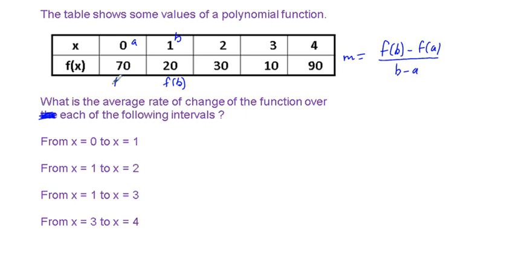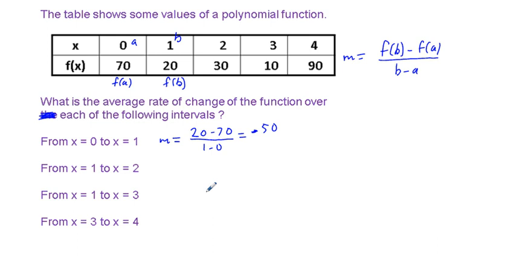So for this, our average rate of change is m equals f of b, which is 20, minus f of a, which is 70, over 1 minus 0, which is negative 50 over 1. So I'm just going to say negative 50, because negative 50 over 1 is the same as negative 50, okay?